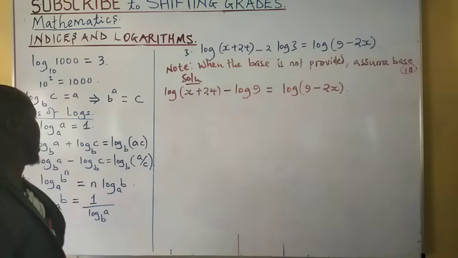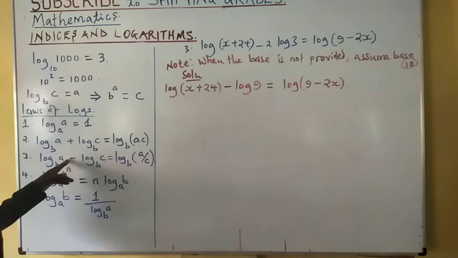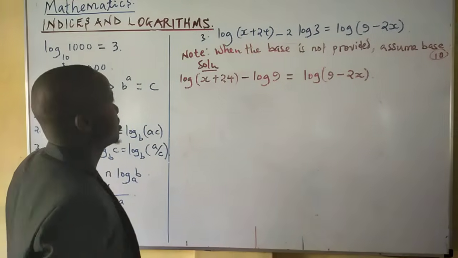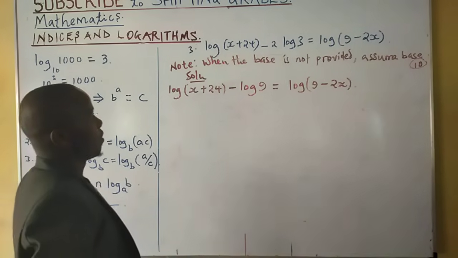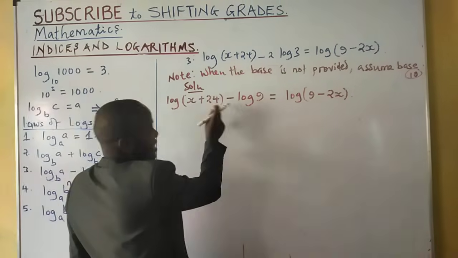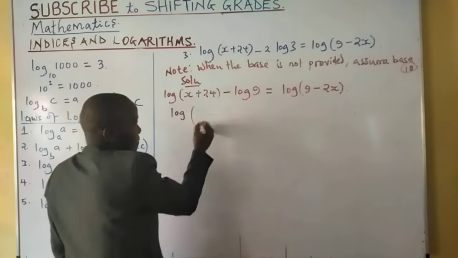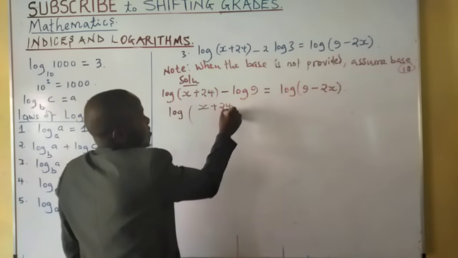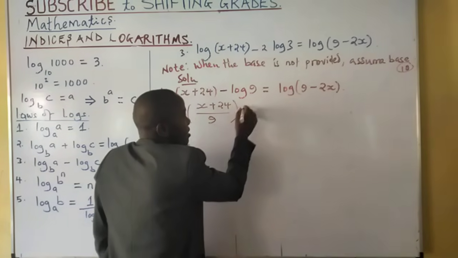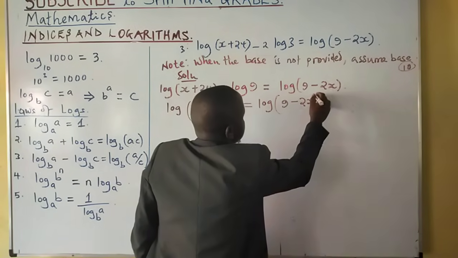At that level now, we apply law number 3, which says that the logarithm of a number to a base minus the logarithm of another number to the same base is equal to the logarithm to the same base, and the numbers get divided. Therefore, here we will just take the logarithm of x plus 24. Then because this is minus log 9, we divide by 9 is equal to the logarithm of 9 minus 2x.